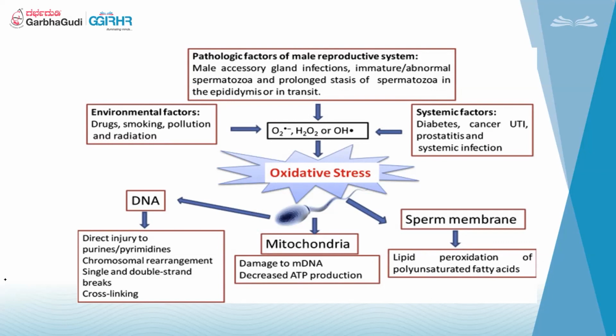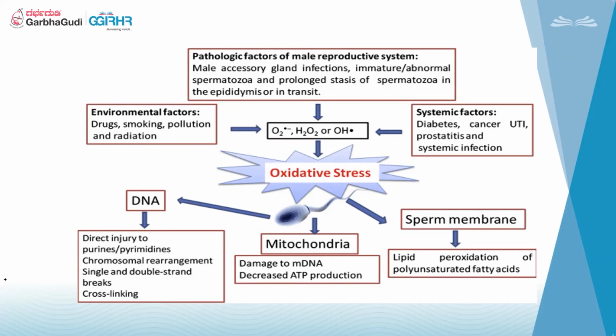Now these reactive radicals work on the DNA and cause injury. They directly injure the purines and the pyrimidines and lead to breakage in single and double stranded DNA, causing DNA damage.